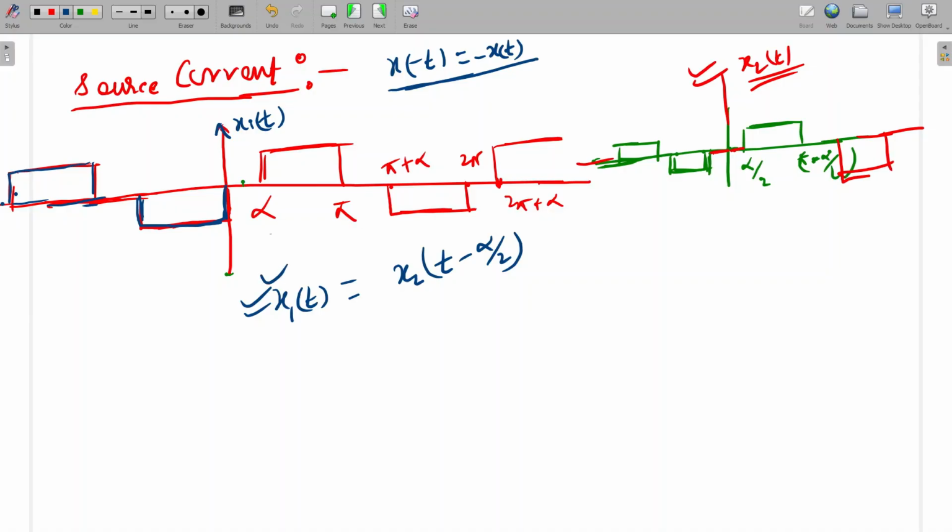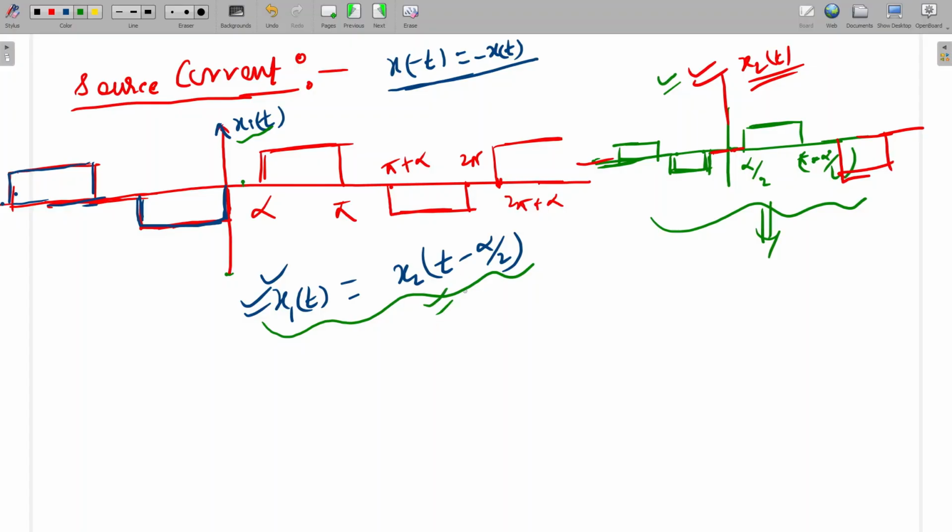So what are the steps for Fourier analysis of source current? First we will do shifting, make it either even or odd. Then we'll do Fourier analysis of this one. The Fourier equation will be shifted by this one. We want the Fourier of x1 of t, but we have shifted it, so the Fourier of this one will be this one's Fourier shifted by this amount.